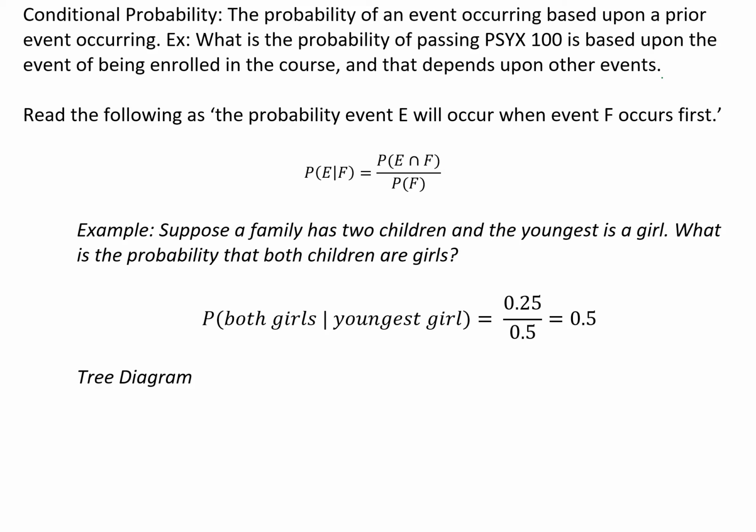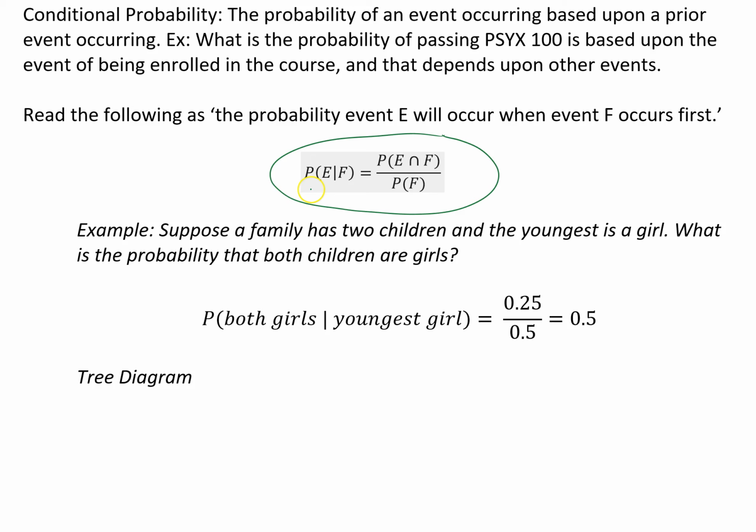So the notation that we need to encounter today has to do with given situations. And here we have a formula. The way that we read the left-hand side is the probability event E will occur when, that vertical line can be called when, event F occurs first. I also like to read this as the probability of E given F. So whichever way you feel comfortable with.